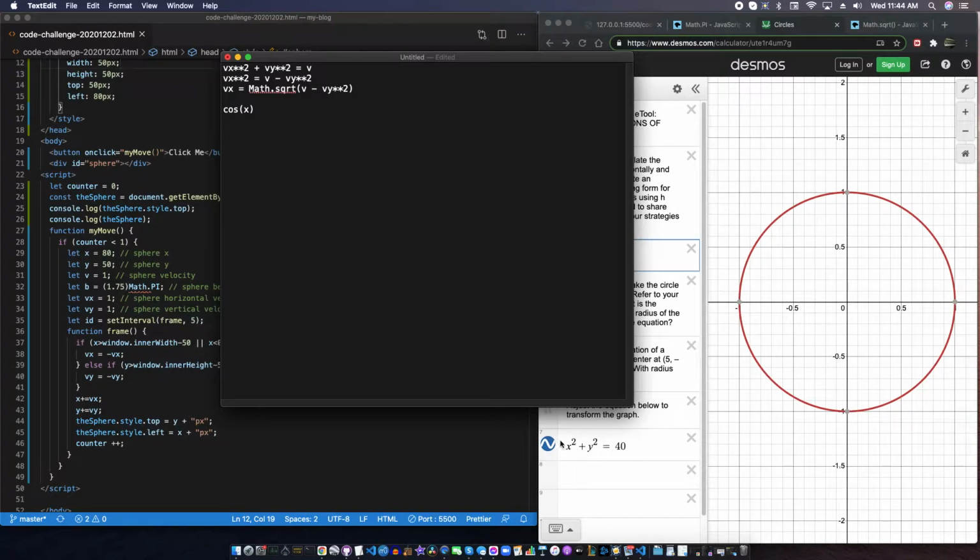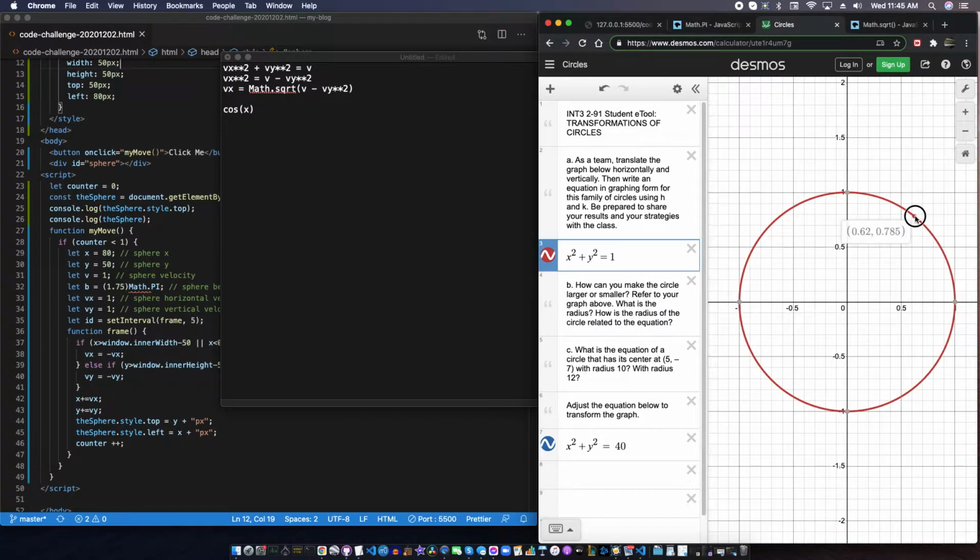Right. The cosine is the thing that gets squared. Because we're saying x squared plus y squared. So here, where were we? Right at that point where they're about equal, 0.7. 0.7 squared plus 0.7 squared is going to equal 1.